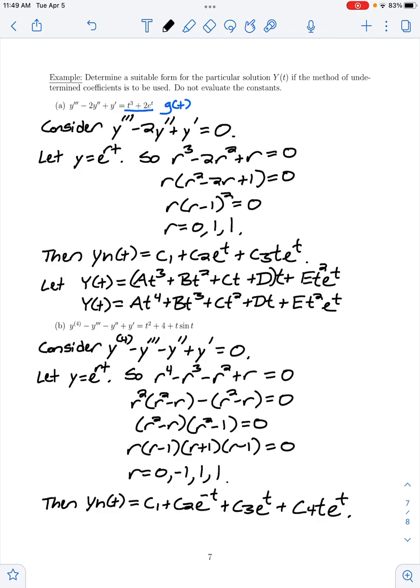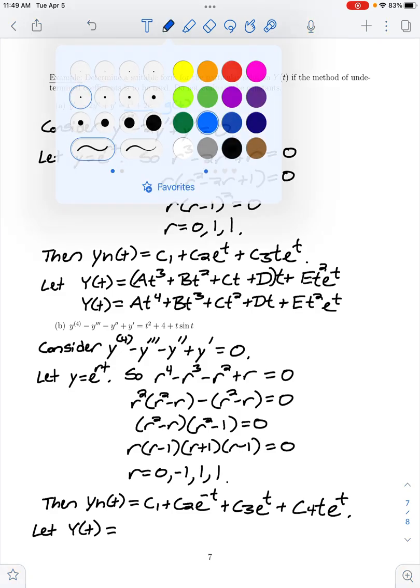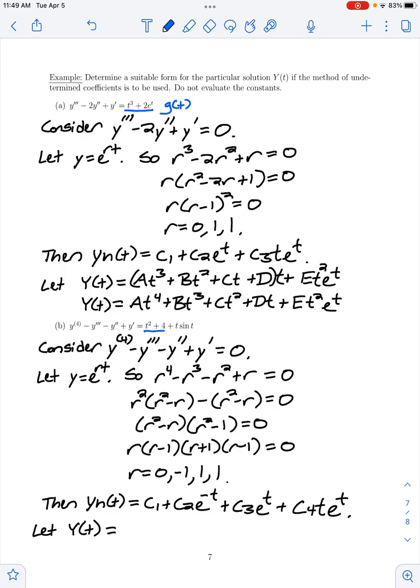And now let's consider our particular solution, capital Y. So to determine the form of our particular solution, we're going to look at the form of this g of t function on the right-hand side. And we see that the first two terms are a quadratic polynomial or second-degree polynomial. And then plus I have a linear term or a first-degree polynomial times sine of t.